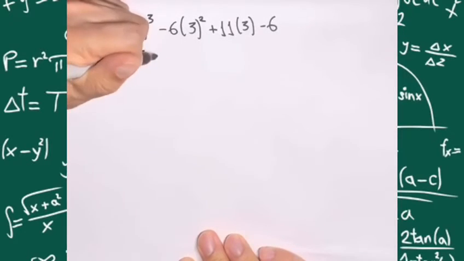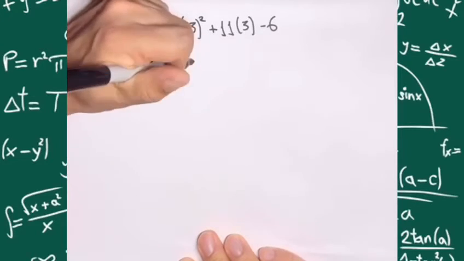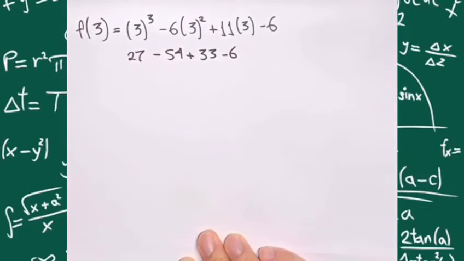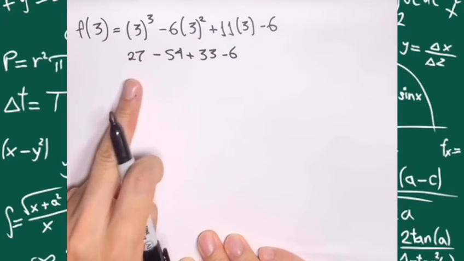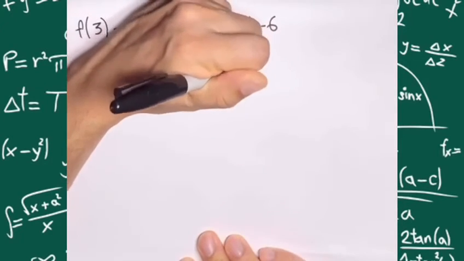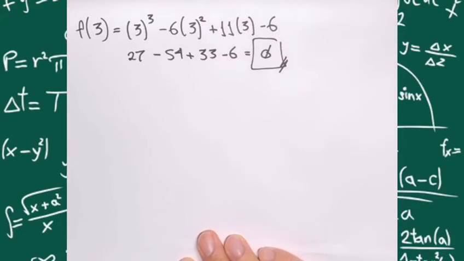And here you go, minus 6 times 9, which is 54, plus 11 times 3, 33, minus 6. And then again, just associate positives and negatives. 27 plus 33 is going to be 60, and minus 54 minus 6 is going to be minus 60. So 60 minus 60, 0.